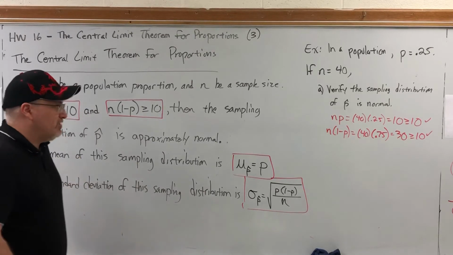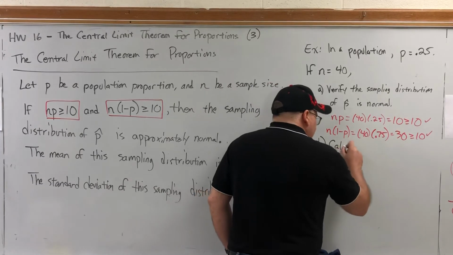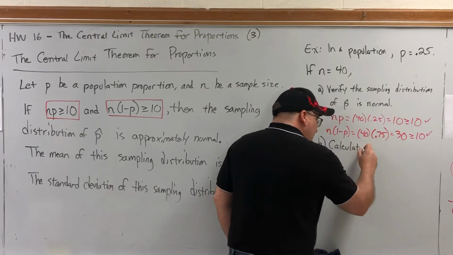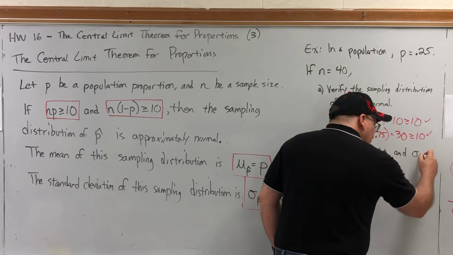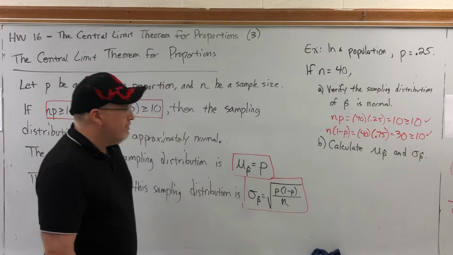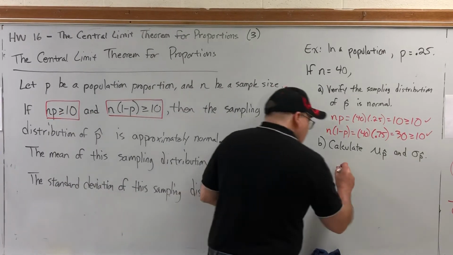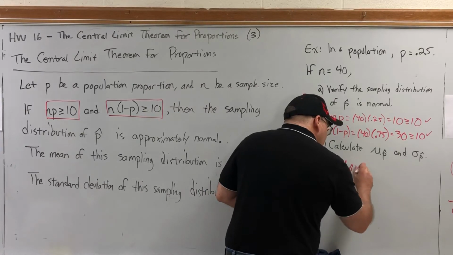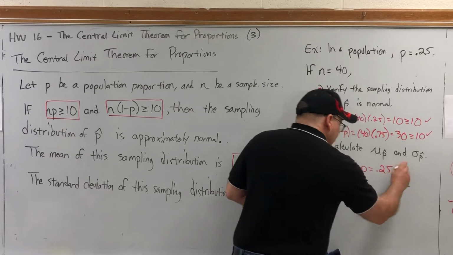For part B, we're just going to calculate mu sub p-hat and sigma sub p-hat, the mean and the standard deviation of all the p-hats we could generate for the sample size of 40. And that's pretty easy. Mu sub p-hat is just equal to p, and p was just equal to 0.25.